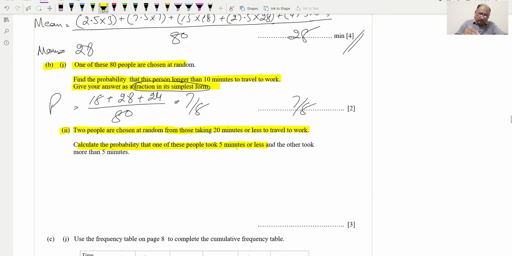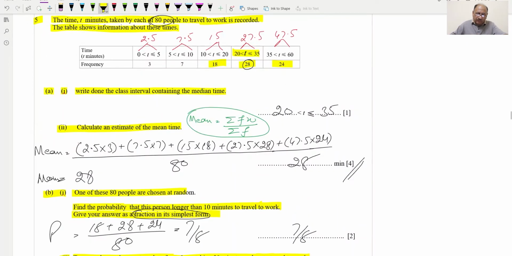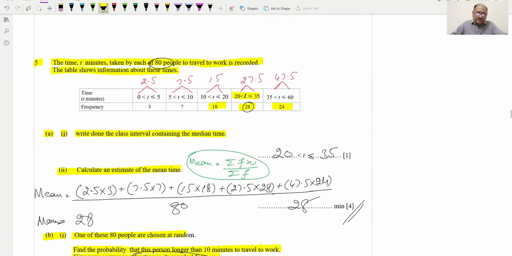So we will be taking 3 by 28, and the other took more than 5 minutes. So more than 5 minutes will be 7 and 18. So we will combine 7 and 18 and this will be 25.